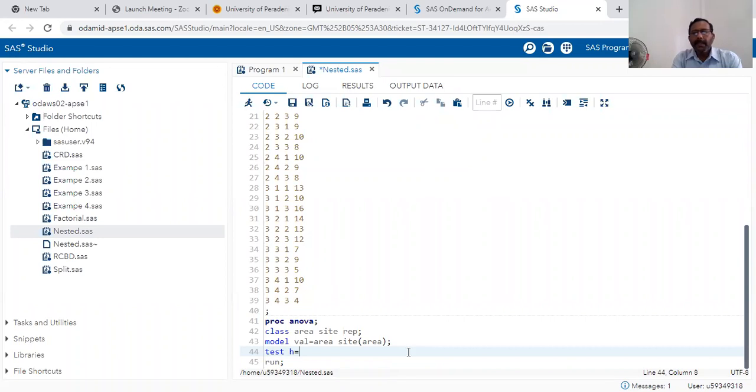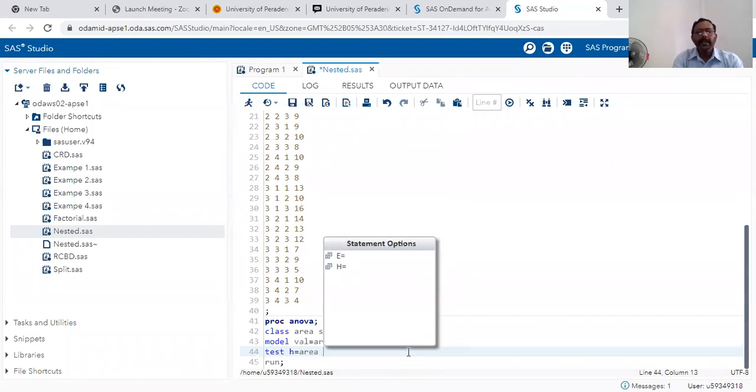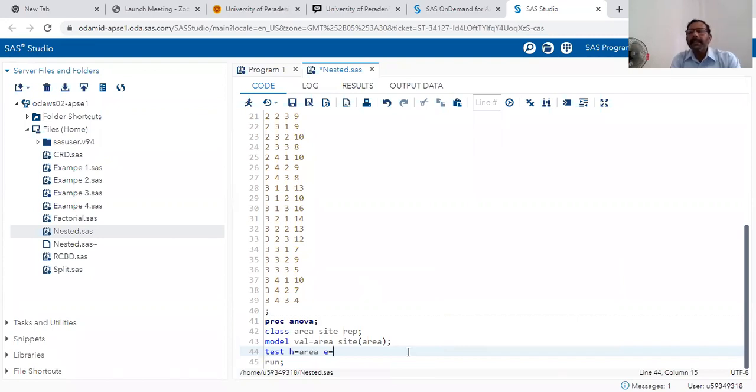What is the hypothesis that we want to test? Area. We want to test area. Then a space, E, the error term. Consider this as the error term.